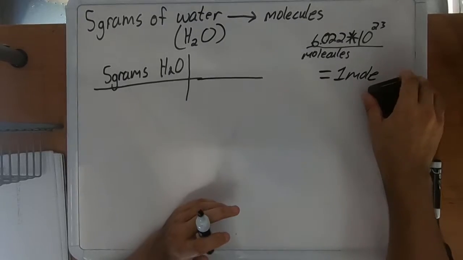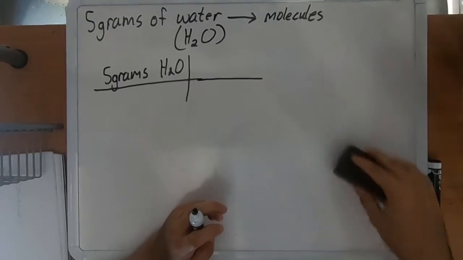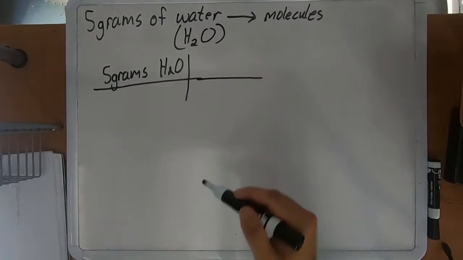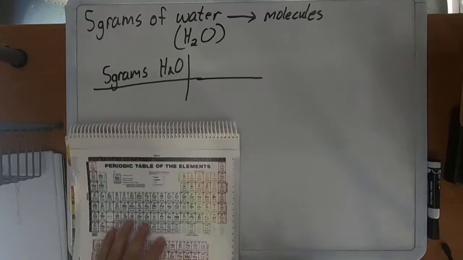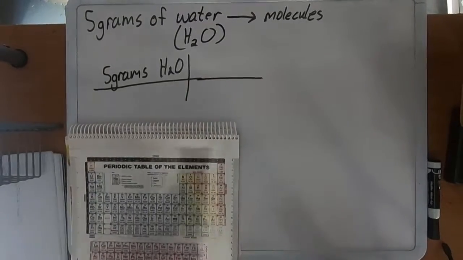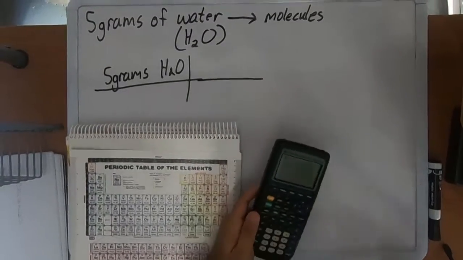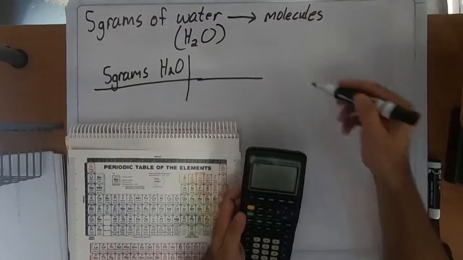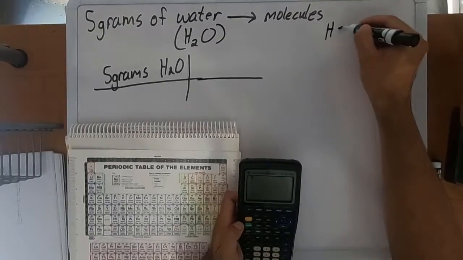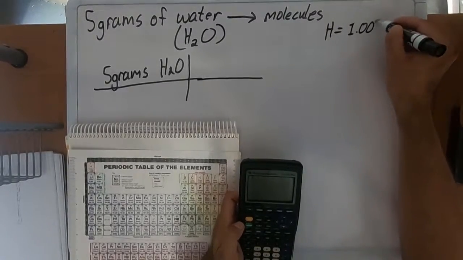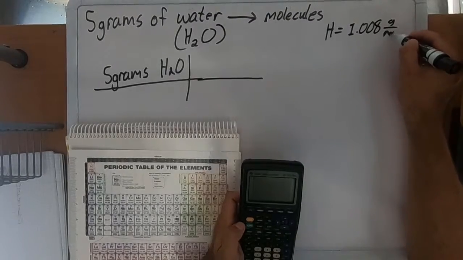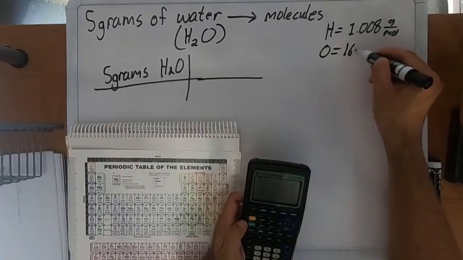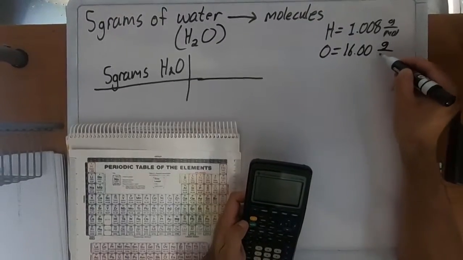Gotta convert 5 grams of water into moles. Okay, we gotta find the molecular mass of water, like we did with CO2. So 1 hydrogen is 1.008 grams per mole, and oxygen is 16 grams per mole.